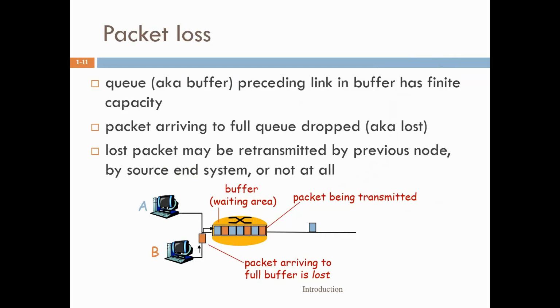Now, when a packet is lost at a router, it is typically up to the end devices to decide what to do. Later in the course, we will discuss different types of network protocols. Basically, the network is either going to decide to retransmit the lost packet or it is going to just ignore it and move on. Real-time applications such as voice over IP can typically sustain a certain degree of packet loss.